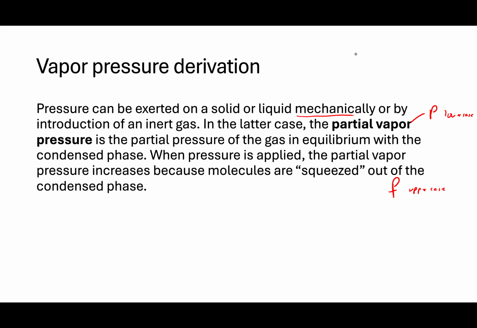So it says when pressure is applied, the partial vapor pressure increases because molecules are squeezed out of the condensed phase. So if we wanted to put this together, vapor pressure is going to exist at equilibrium when mu of the liquid phase equals mu of the vapor phase.